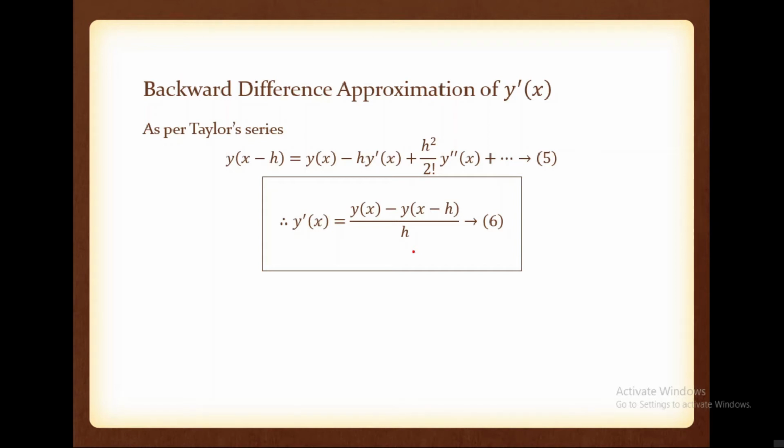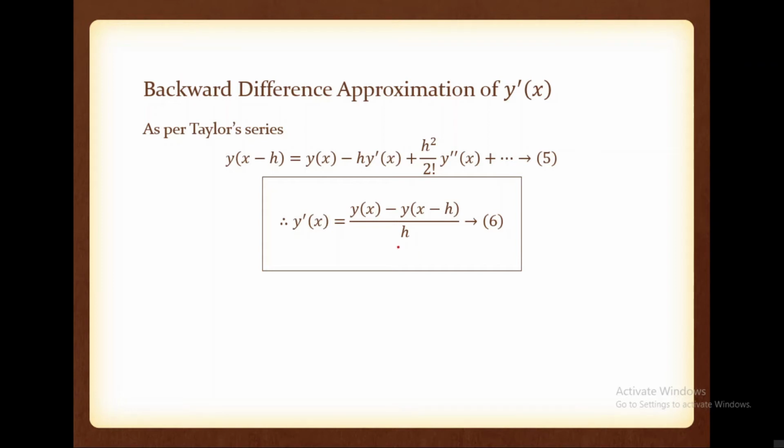Both are giving y dash of x. Then I think we can take the average of these two equations. Am I correct? If you are taking the average of equation number 4 and equation number 6, definitely it will give y dash of x. So what is the average of equation number 4, that is forward approximation, and equation number 6, that is backward approximation? Find it and give me the answer.